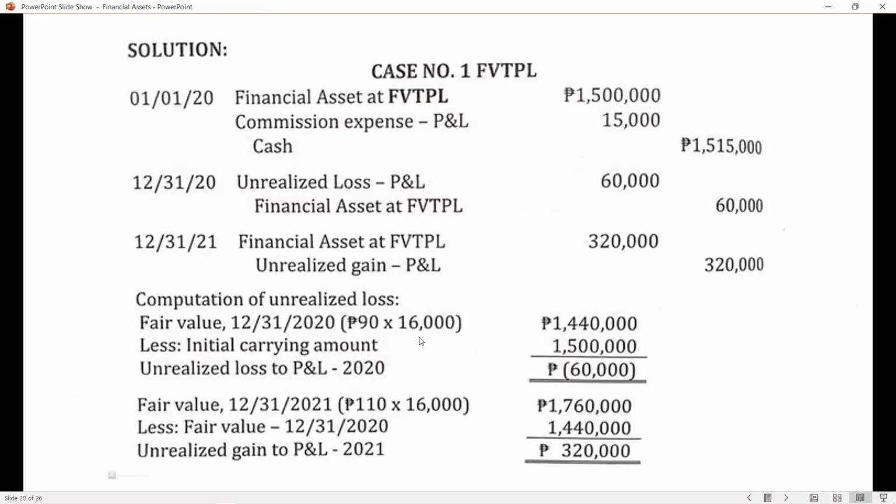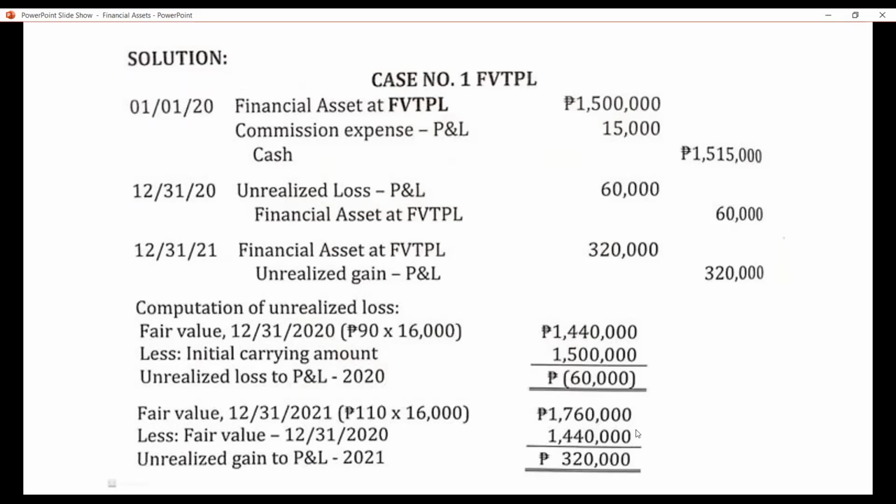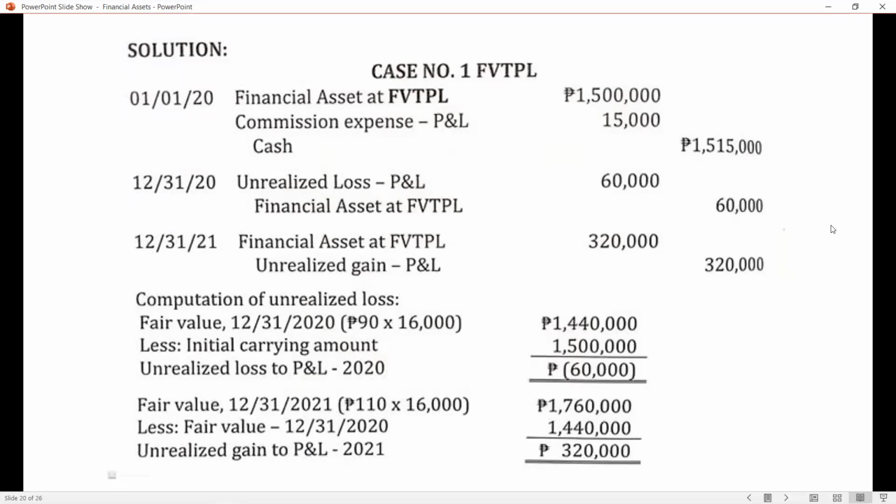Dapat yung gagamitin natin dito na carrying amount is yung amount niya noong 2020. How much is the fair value at December 31, 2020? It is 1,440,000. Kaya yung ilalagay natin dito sa baba is 1,440,000. So that's why yung unrealized gain natin pagdating ng 2021 is 320,000. So kaya siya nire-report na ganito.